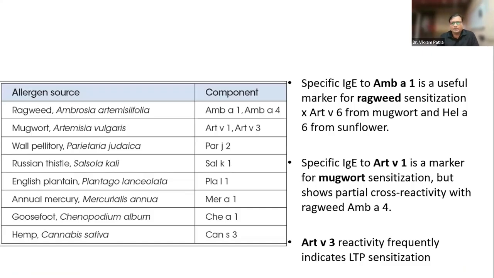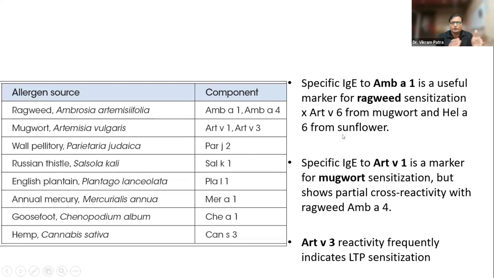So the common allergen components we get for ambrosia are Amb a 1 and Amb a 4, where Amb a 1 is a useful marker for weed sensitization. But this cross reacts with Art v 6 from mugwort and Hel a 6 from sunflower.